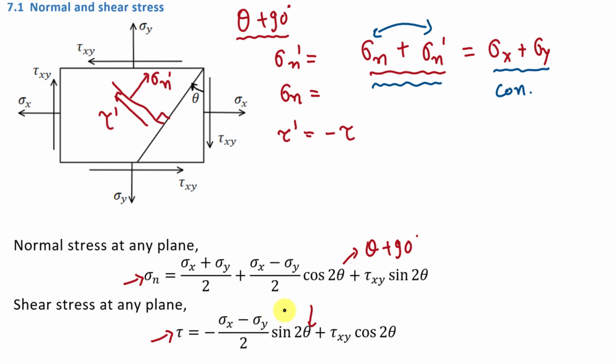Means you will get this equation into minus 1. So we can write that tau plus tau dash is equal to 0. And here these shear stresses are complementary shear stresses, because this shear stress has a direction perpendicular to each other. So from here we can write that the sum of complementary shear stresses is always 0. In this case, the sum of complementary normal stresses is constant.